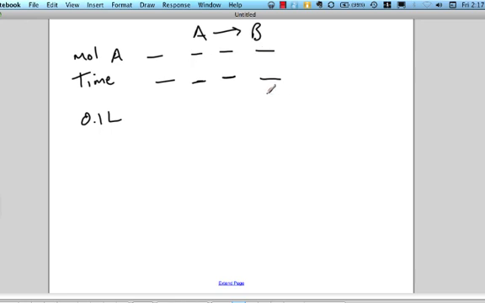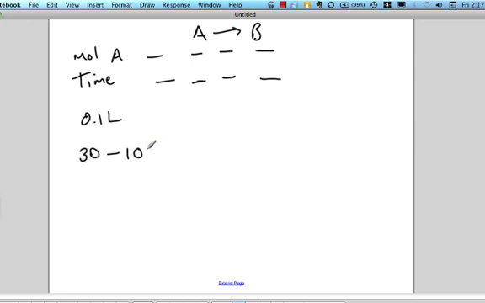What they're asking you in C is the rate of appearance of B from 10 minutes to 30 minutes. So between 10 and 30, they want you to calculate the rate.